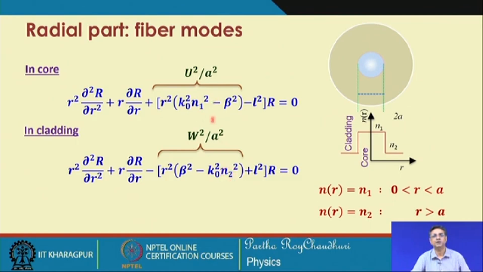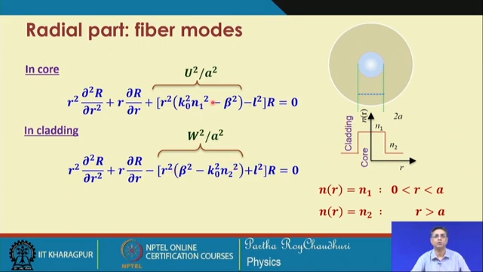You have two separate homogeneous regions, and the wave equation will be satisfied separately in these two regions. We will have to match the continuity condition at the interfaces, and that is the same recipe that we will follow. Here we will define the mode parameters: this quantity u square by a square equal to this for the core, whereas w square by a square equal to this for the cladding.